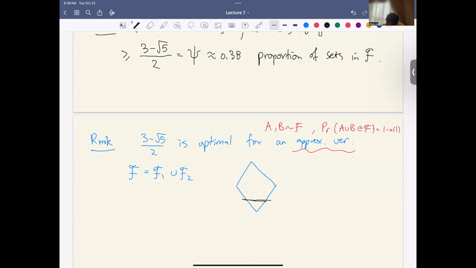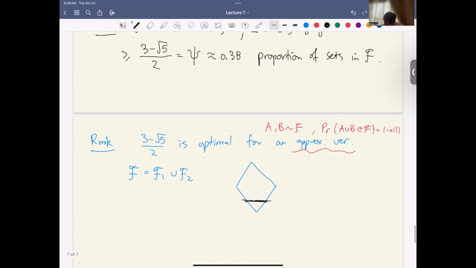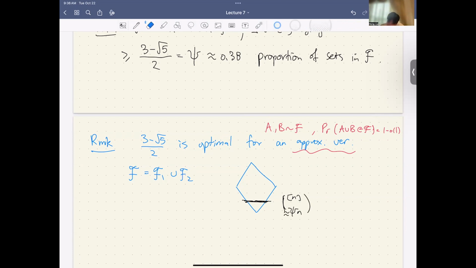If you take roughly the sets of size phi n, roughly, let me put an approximation. Okay, that's the first family, F1.